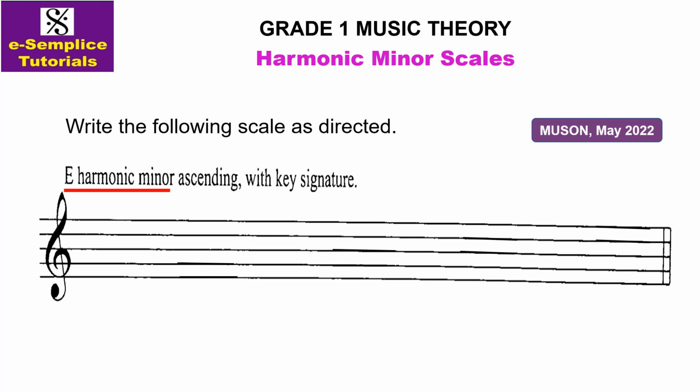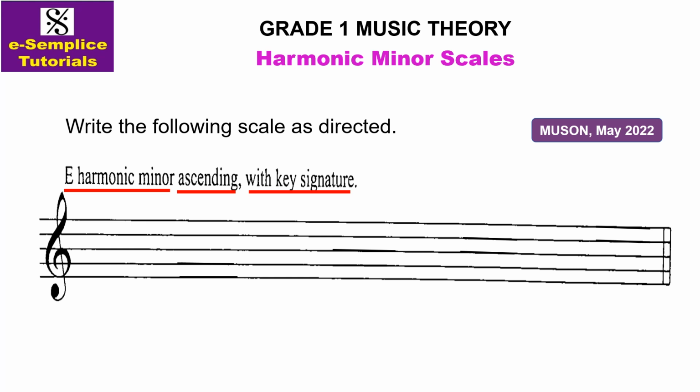E harmonic minor is a requirement. Ascending, meaning it should be an ascending scale, and you are to write with key signature, meaning prefix the key signature accidentals at the beginning.